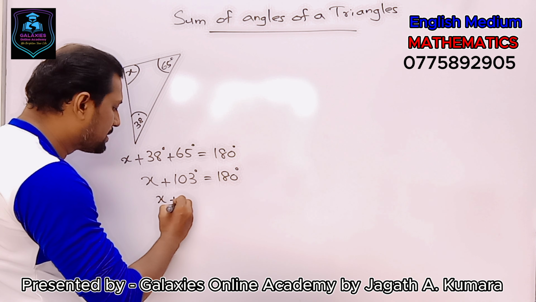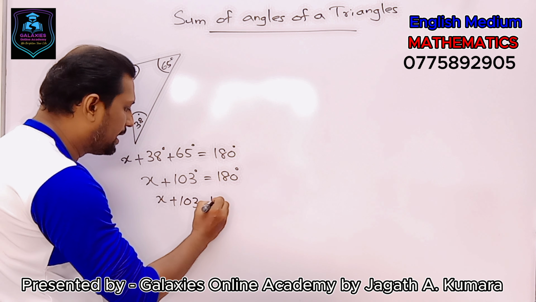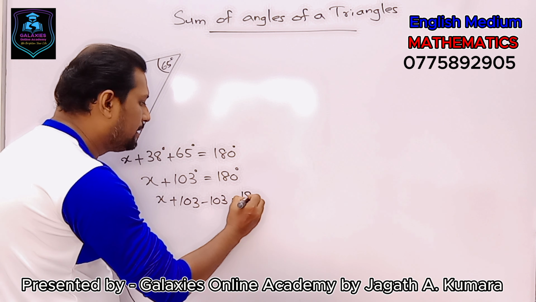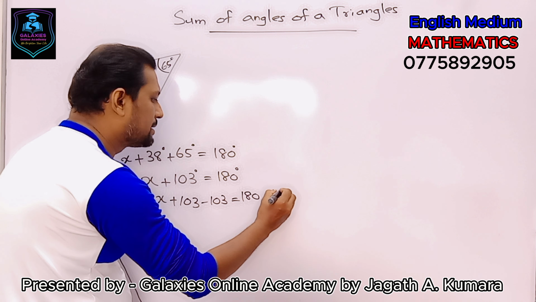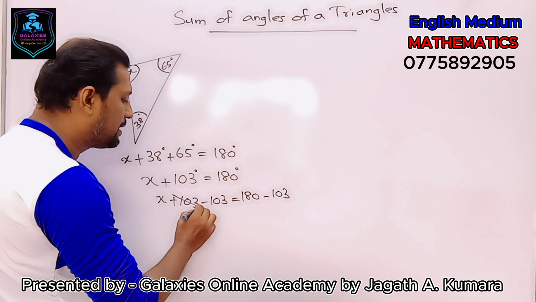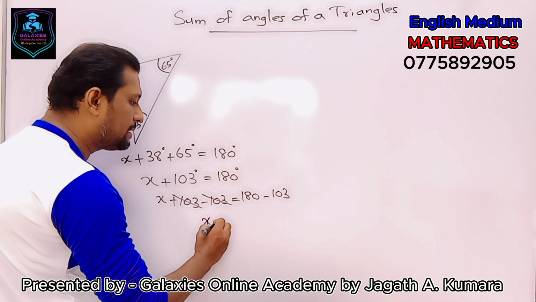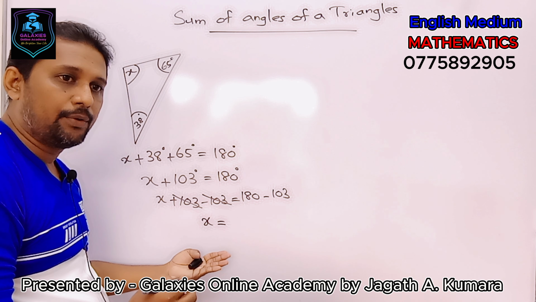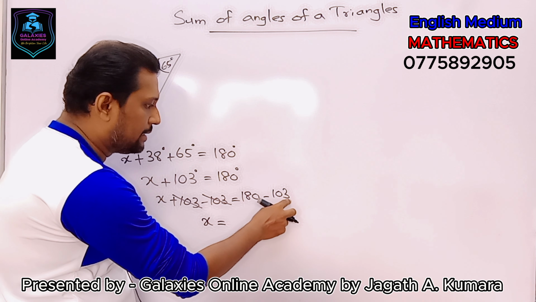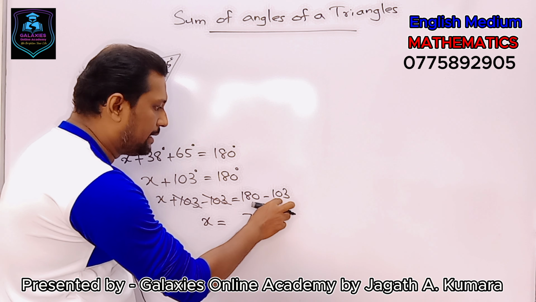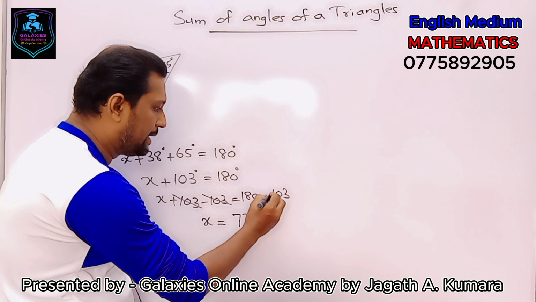Then x plus 103 minus 103 equals 180 minus 103. Then plus 103 and minus 103 cancel. So x equals, we can get the value, 10 minus 3, 7. 7 minus 0, 7. 1 minus 1, 0.